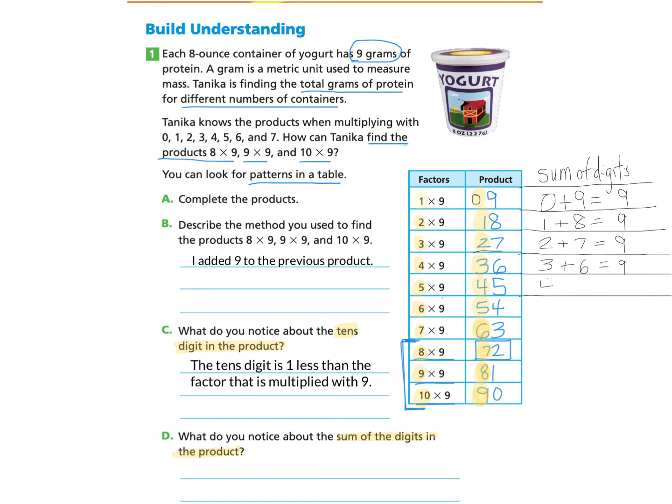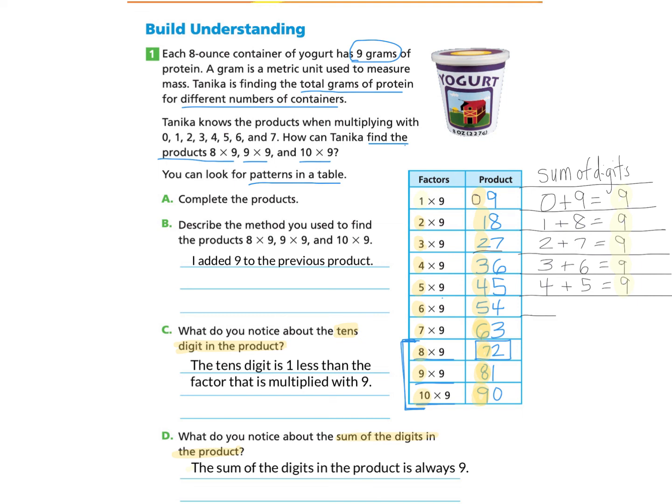We have 45, so we have 4 plus 5, and that equals 9. So I am noticing that the sum of the digits in the product is equaling 9. So I am going to explain my thinking in Part D. And I have written the sum of the digits in the product is always 9.